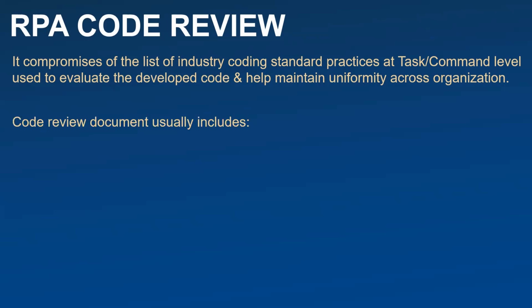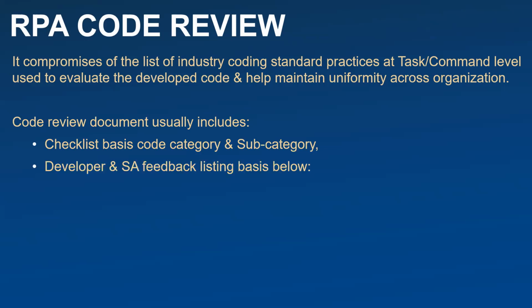When I talk about the code review document, it usually includes a checklist based on code category and subcategory. We will show you the entire document as well. The other thing it contains is developer and solution architect feedback. Your code is suggested to be reviewed at 2 levels. First, the developer goes through the code review document and assesses their code as a first level before going to the solution architect.